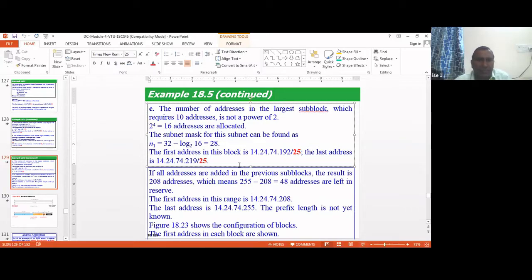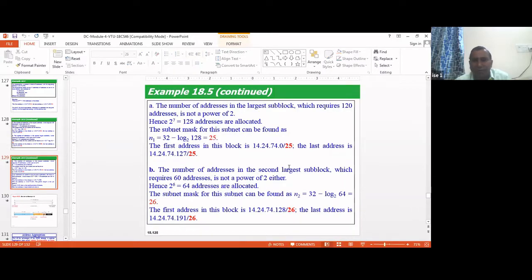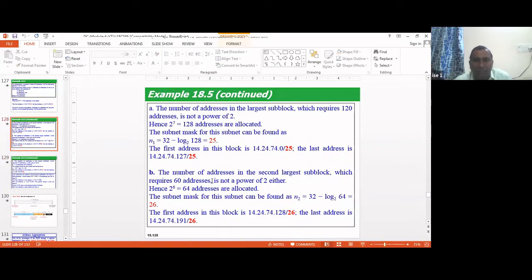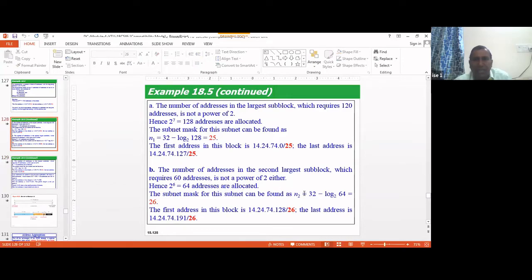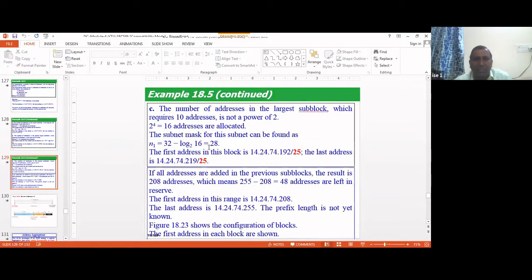So how come they are giving 208? There is some calculation mismatch. How many addresses have we allocated in total? The first one we allocated 128 addresses. Next we allocated 64 addresses. Next we allocated 16 addresses.